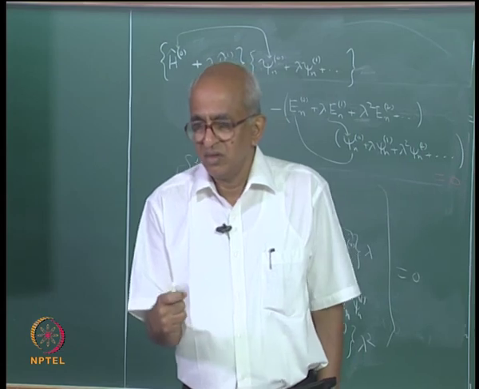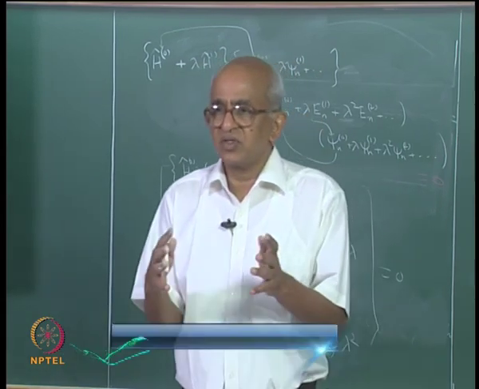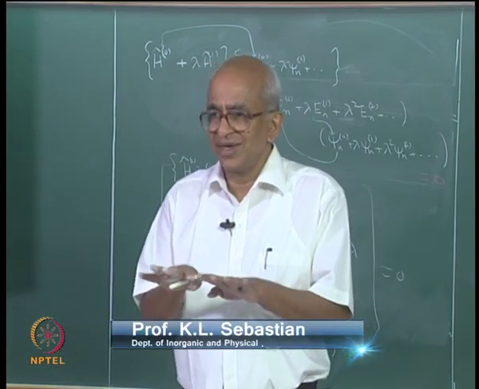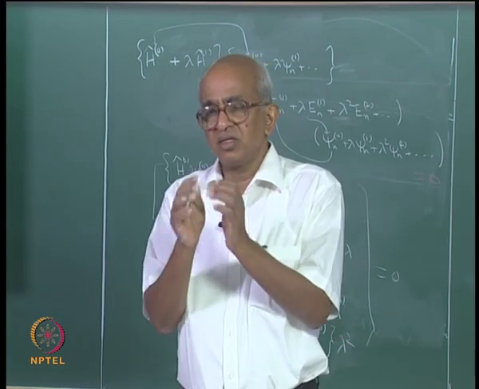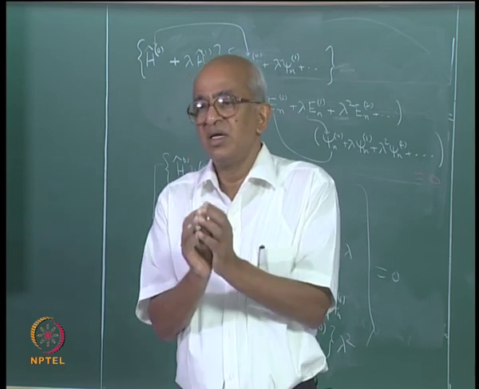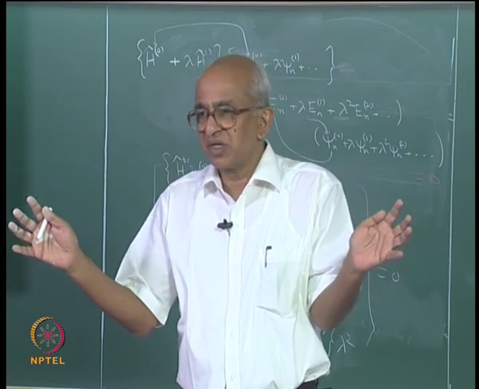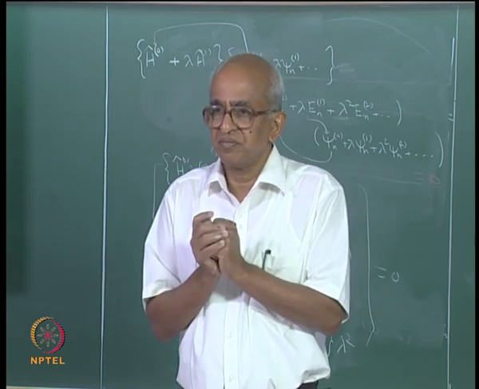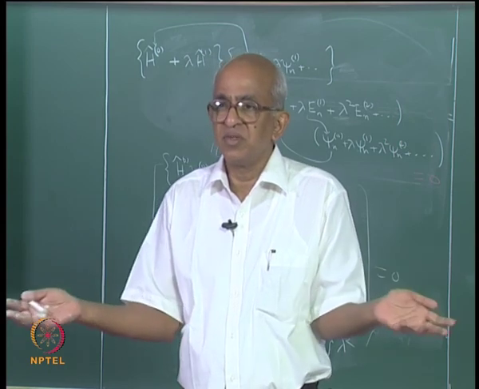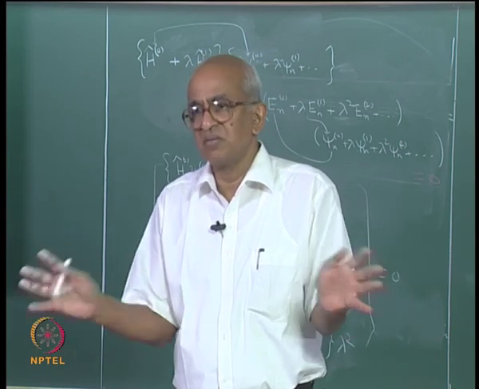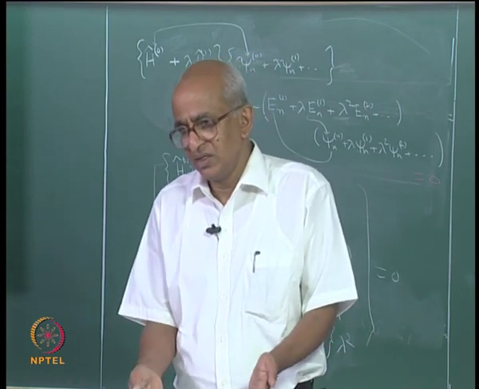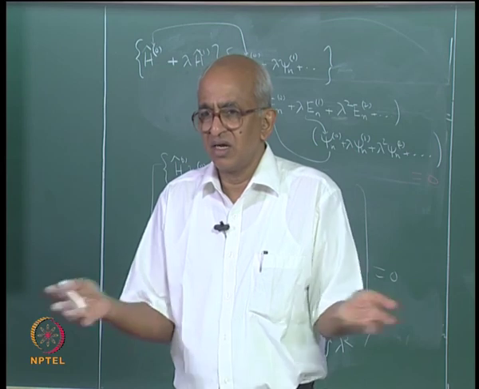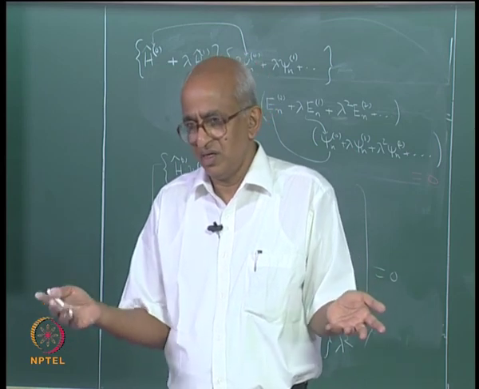If you wanted to calculate the first order correction to the energy of the nth state, you should take the perturbing Hamiltonian and calculate its expectation value using the unperturbed wave function, that is all. Very simple. You know the unperturbed wave function, you know what the perturbation is, and therefore you can easily calculate this. It is not difficult at all.